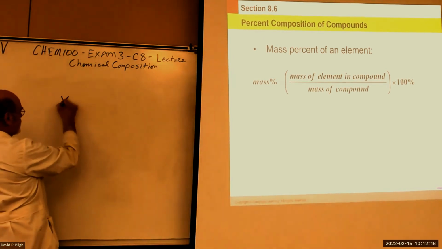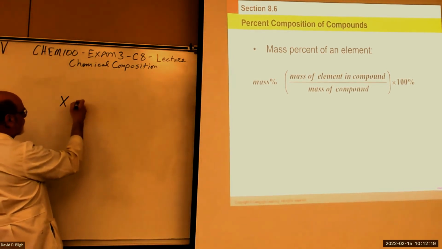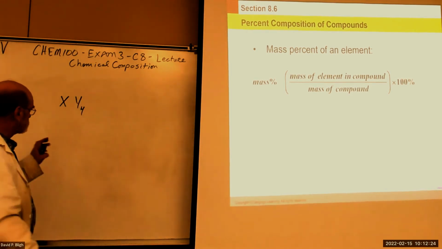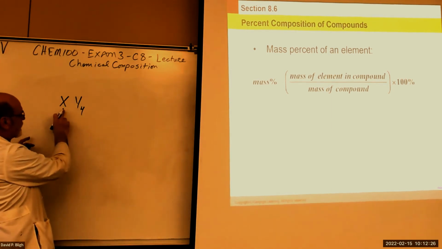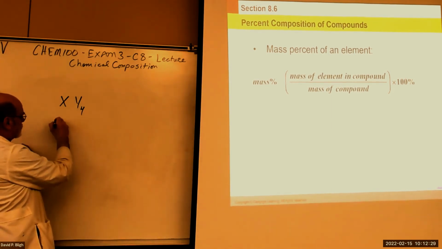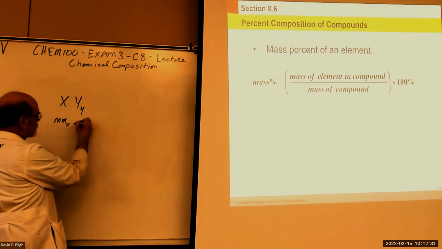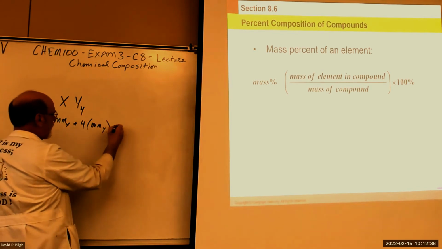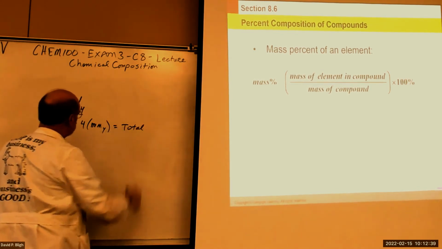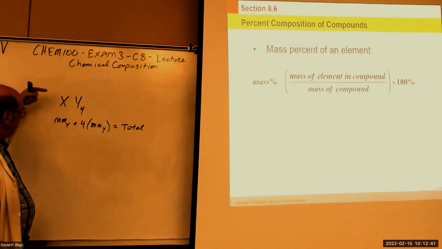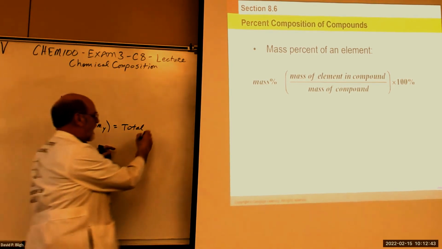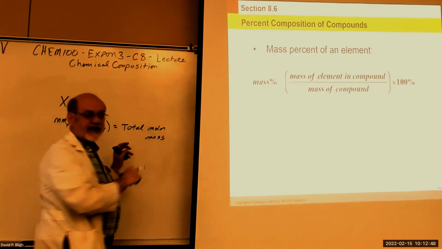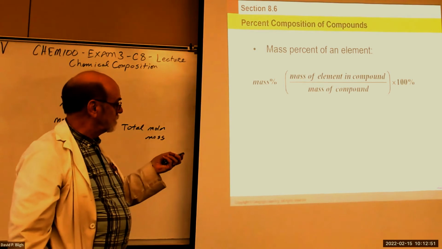So let's say we had an element here that's 1, and then this one is maybe 4, then you would take the molar mass of X plus 4 times the molar mass of Y. And that would be the total. So for 1 mole of that compound, you would have a total molar mass. That goes in the denominator, mass of the compound.